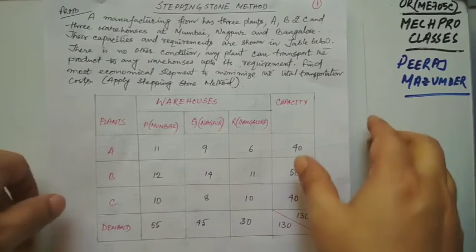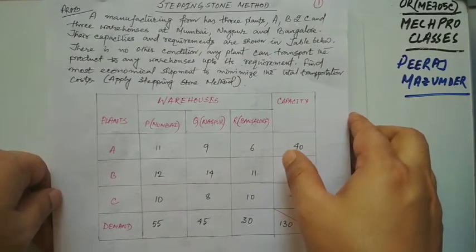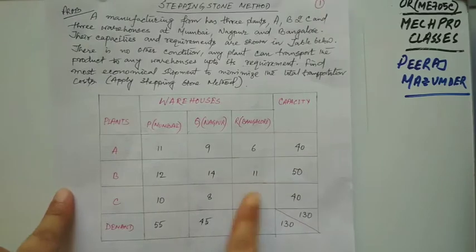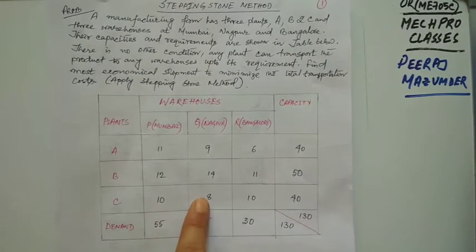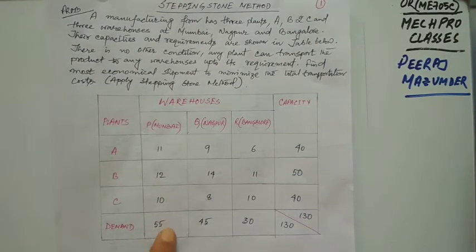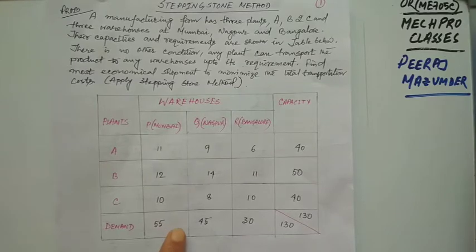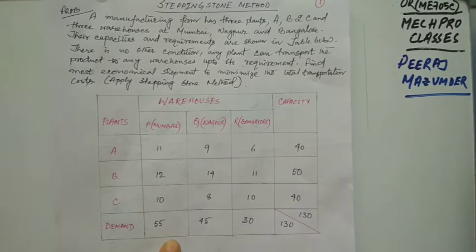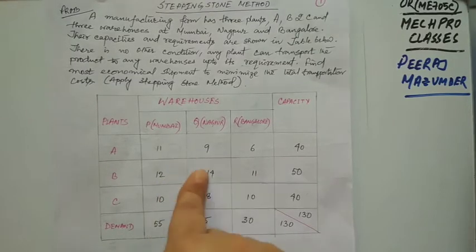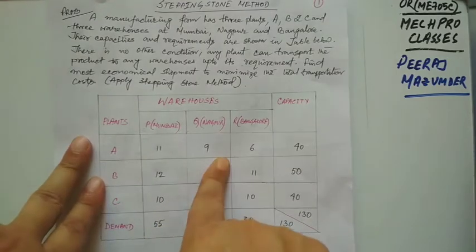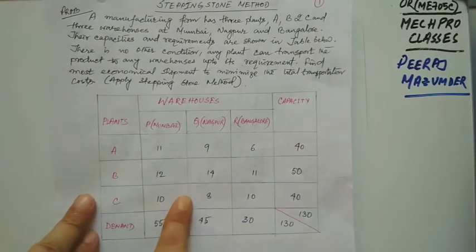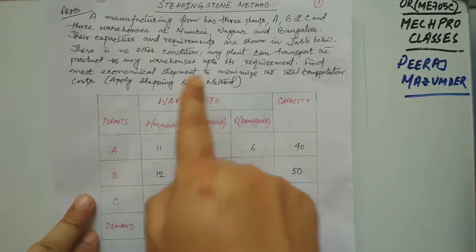I have selected a problem for you which we will solve using the northwest corner method. If you are having any problem with the northwest corner method, you can see my previous video on it, but today our main concentration will be on the stepping stone method only.